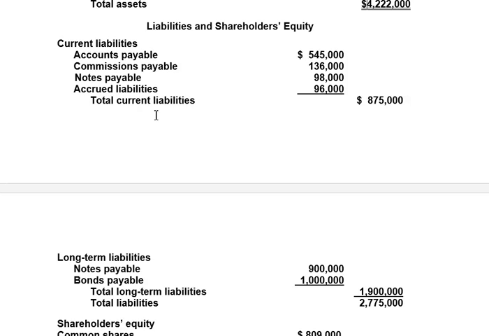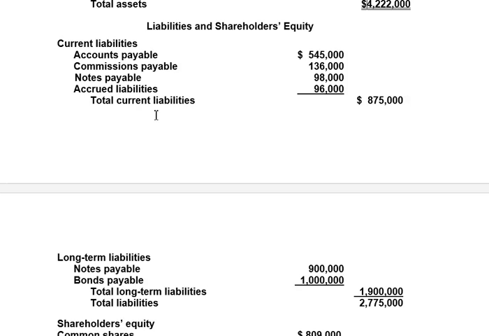We normally find accounts payable would be first. Why? Because we know that we regularly pay our suppliers. Commissions payable would be those commissions that we pay to our salespeople, and probably not until sales are collected would we actually pay them out. So we probably find we don't pay out commissions as often as we pay our suppliers. Notes payable, in this case, again, we know the notes payable were due in 6 months, so they would be the next on the list.